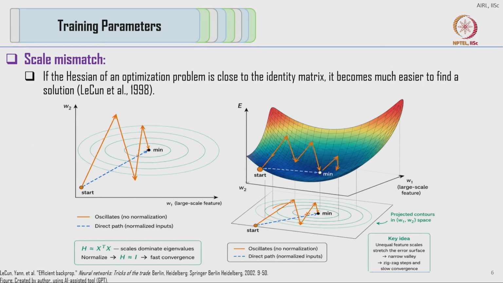Now let's take a closer look. Let's assume I have W2 and W1, and I have an error E. We have seen this plot before, we are well aware of this plot. We have an error function E. We can start from a randomly initialized point, and using gradient descent, we would want to attain a local minimum value.